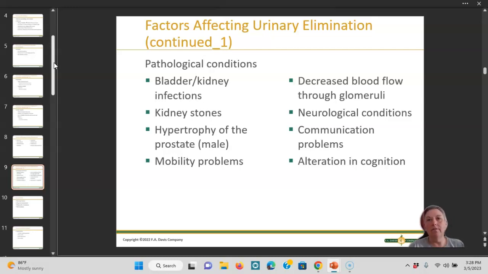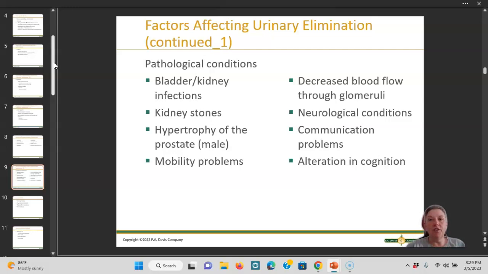Mobility problems can affect urinary elimination if you're bedbound. Decreased blood flow through the glomeruli. So what would cause decreased blood flow? Think about this. Hardening of the arteries.